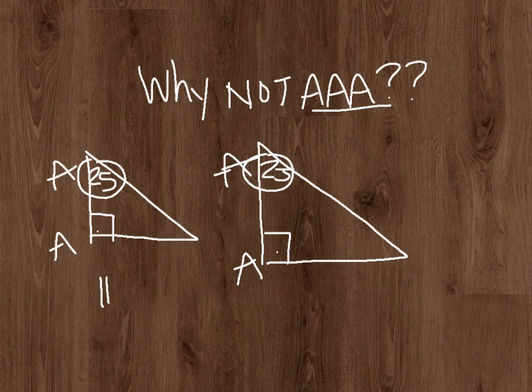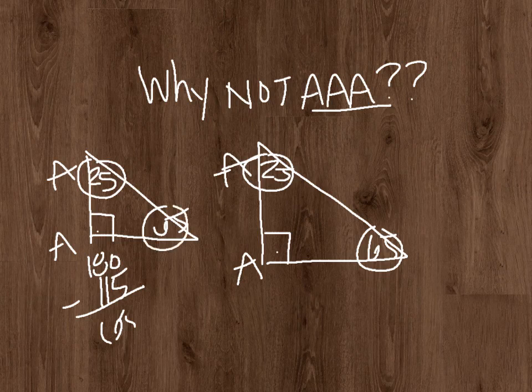That gives me 115, minus 180 is going to give me 65. So the 65s here, just because we don't write them, doesn't mean that we don't know that they're there. So AA works because you know that the third angle has to be the same because of the equals 180 rule. Okay, now it's not that important that you know, but I wanted you to understand why you only need 2 A's and not all 3 of them.